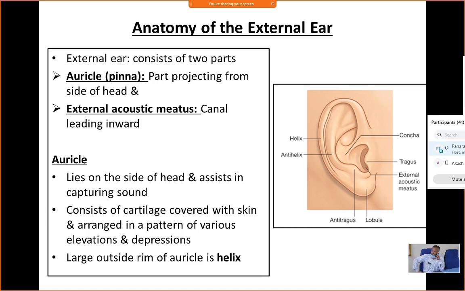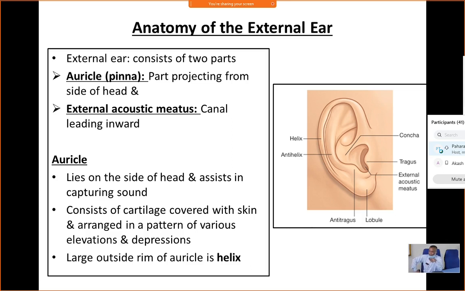So the auricle lies on the side of the head and assists in capturing sound. The auricle is made up mainly of cartilage and is covered by skin.